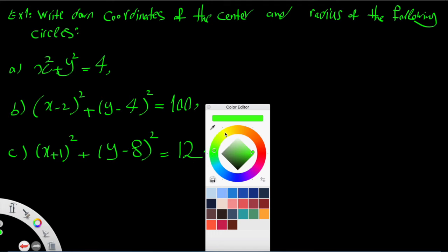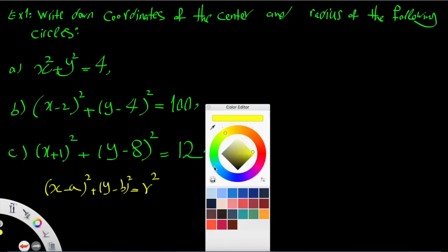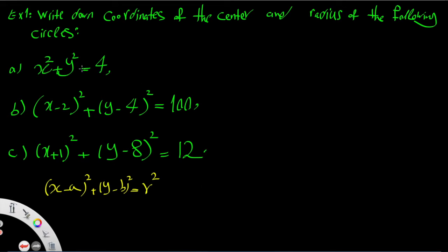Now, we just learned that the equation of the circle with center A and B is x minus a squared plus y minus b squared is equal to r squared, where r is the radius, and a and b are the coordinates of the center. Now, here, I rewrite it.